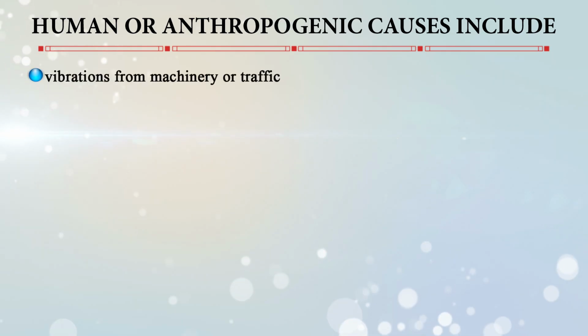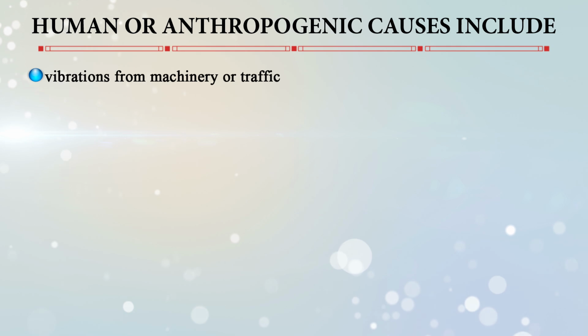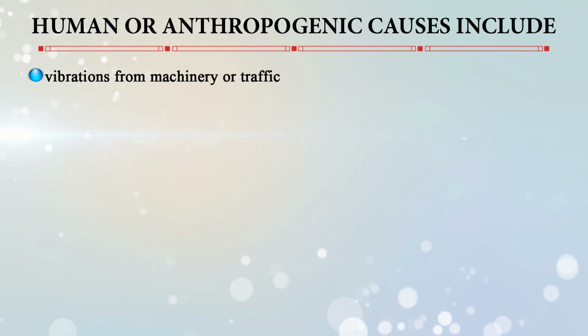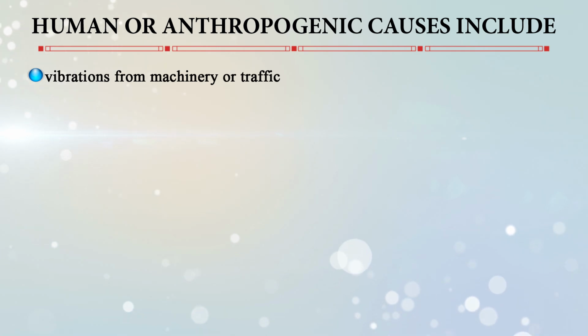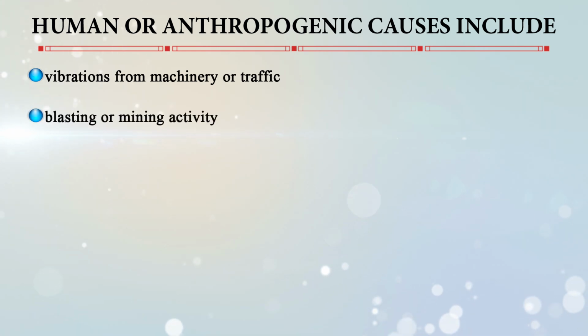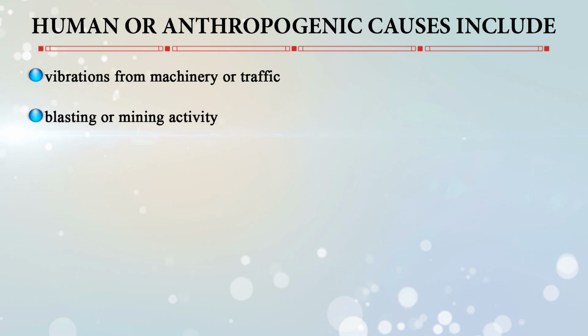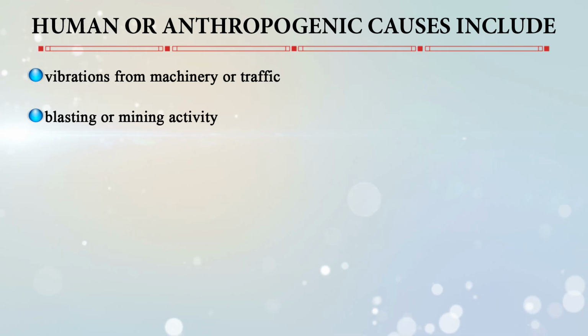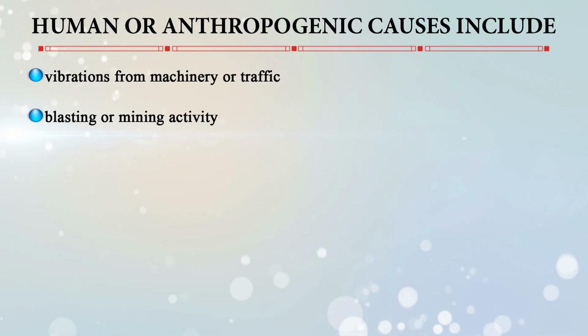Now, there are also human causes which cause landslides. For example, vibration from machinery or traffic can cause the land to slide if it is already unstable. Blasting or mining activity in a nearby area, which has slope material on a slope, can destabilize it.